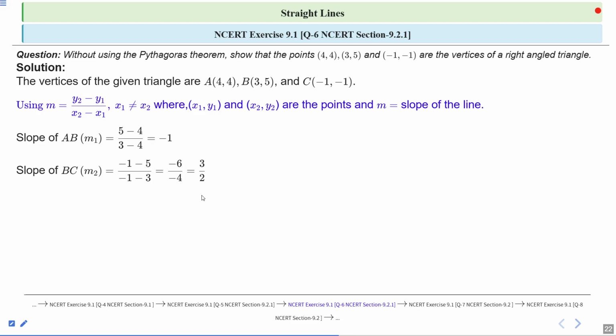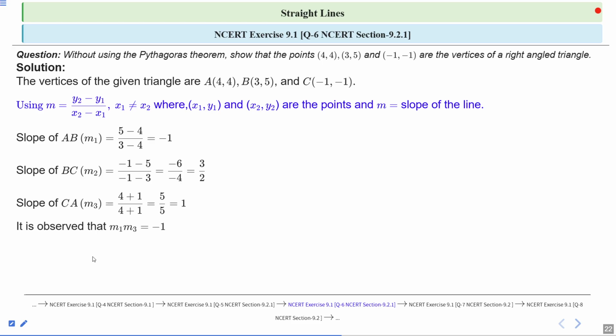Clear? And the slope of CA, m3, is equal to (4 plus 1) divided by (4 plus 1), which is 5 over 5, and if we cancel this, we get 1. So the slope of CA, denoted m3, is equal to 1.